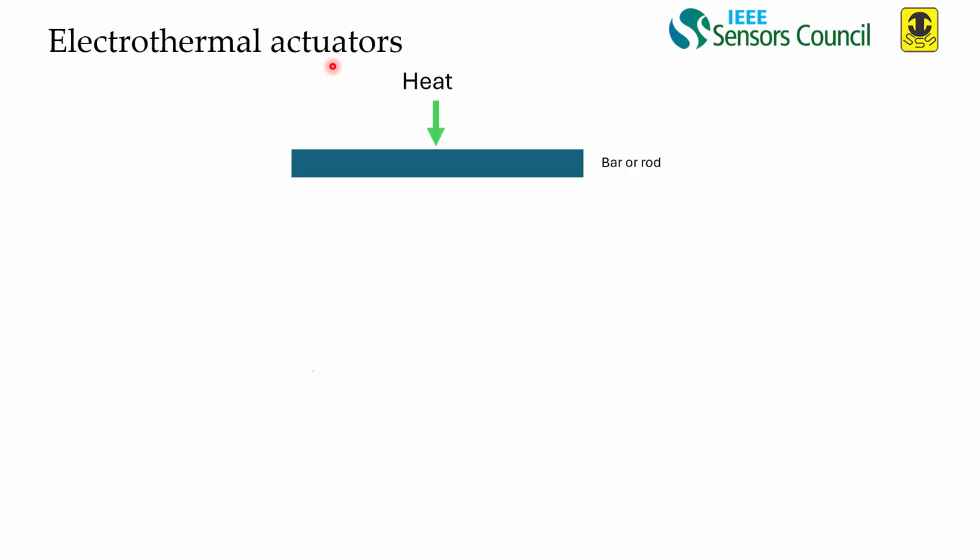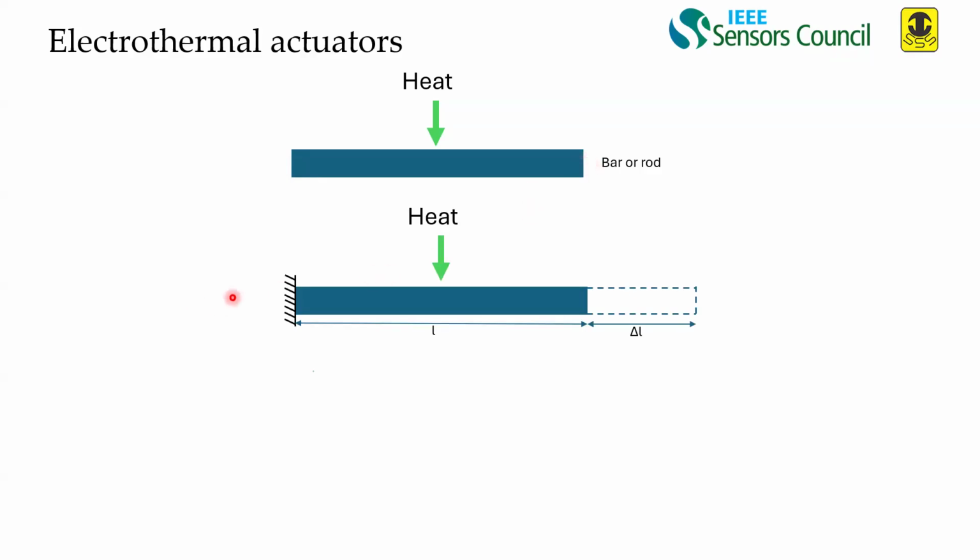Let's say I take a beam or a bar or a rod. What will happen when you heat it? It expands, right? If you do not fix it anywhere, it will expand this way, this way, everywhere. But what will happen if I fix just one end and apply heat?